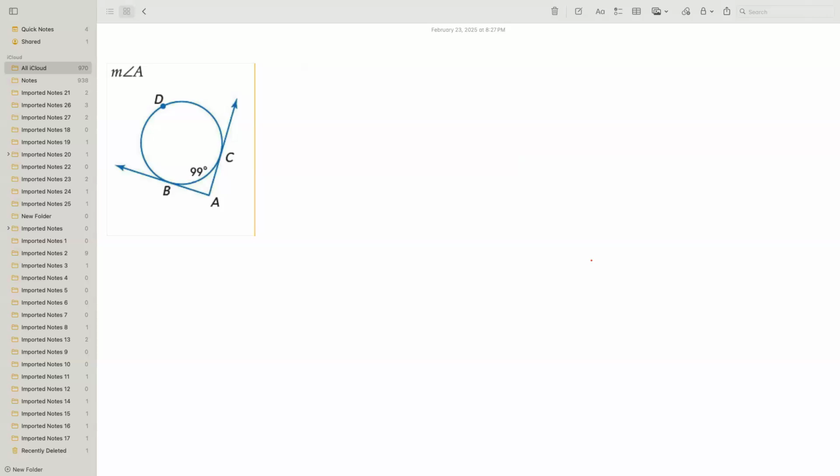Chetan, for you, what is the measure of angle A formed by two tangents? The arc between the two tangents is 99 degrees. But there are two tangents that are meeting at point A. I want to measure the angle A.